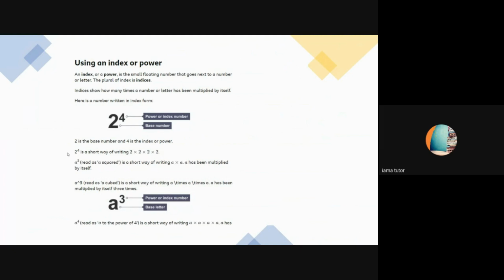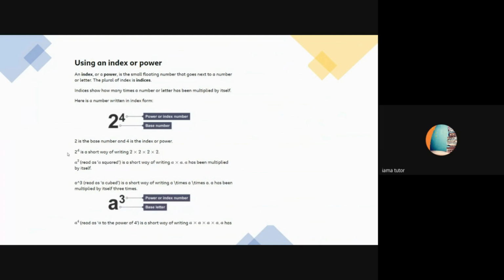Now, indices show how many times a number or a letter is multiplied by itself. Pretty straightforward. When we say that 2, the base number, has an index of 4, it means 2 is multiplied by itself 4 times.